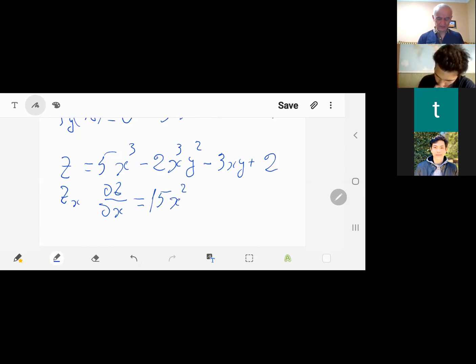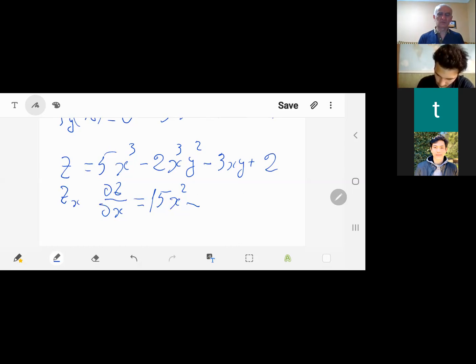Now a more tricky question. What is the derivative of 2 times x cubed y squared? Here we have y, but we should treat y as a constant. So 2 times y squared is constant.